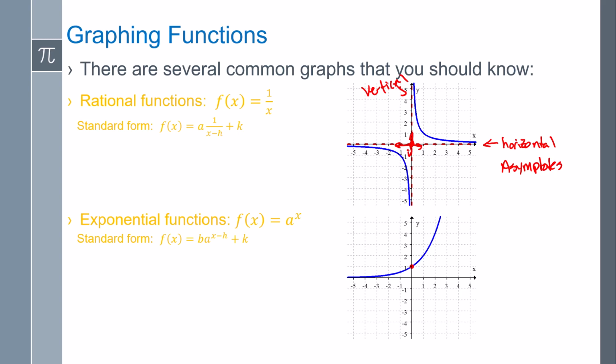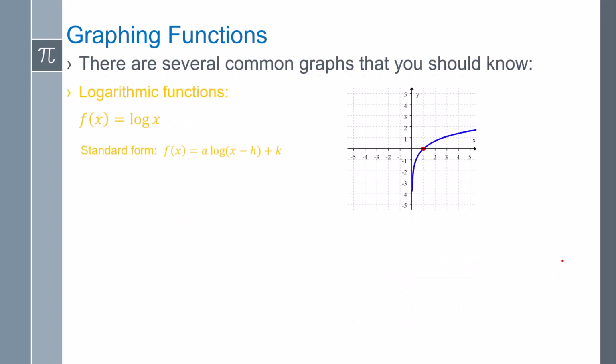With exponential, it's going to have this shape, but just know it's no longer 0, 0 where it starts. If you notice, it's starting at 0, 1. That's really important, and it's a common thing that a lot of students forget. It starts at 0, 1. It also has a horizontal asymptote at y equals 0. Now the horizontal asymptote will also shift with the graph.